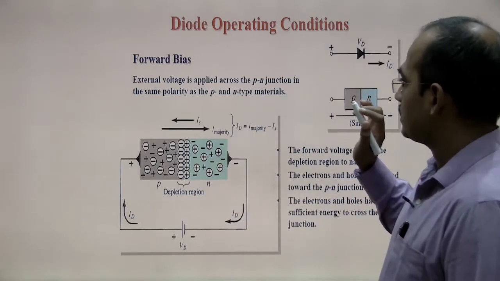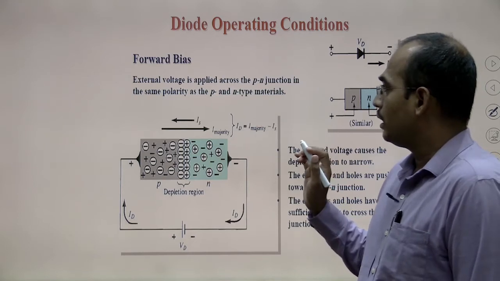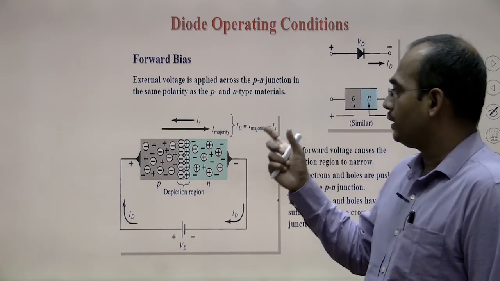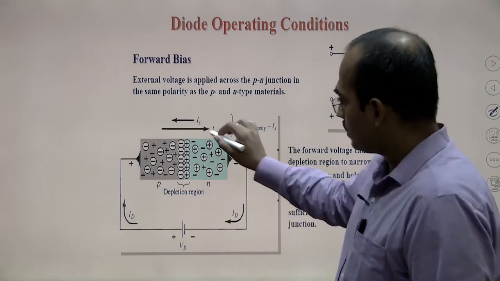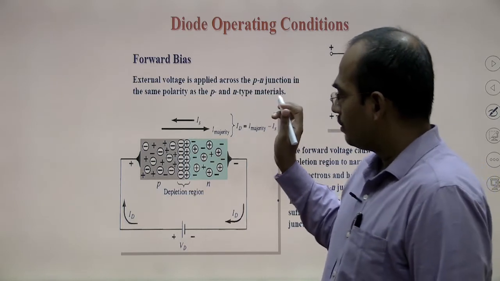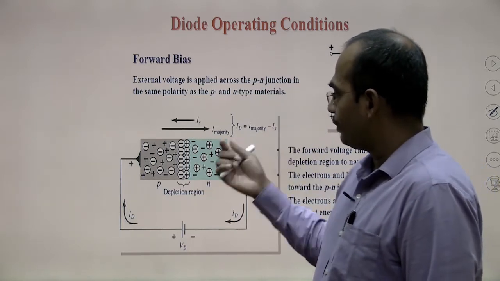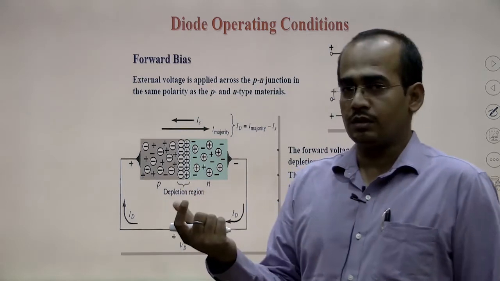Forward biasing is when the external voltage is applied across the p-n junction diode in such a direction that the width of the depletion region or the barrier potential reduces.